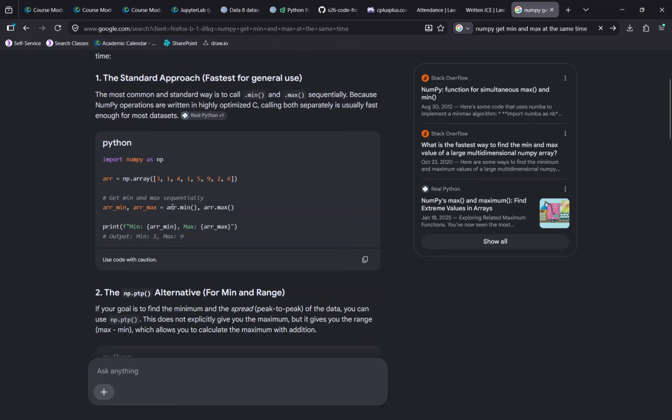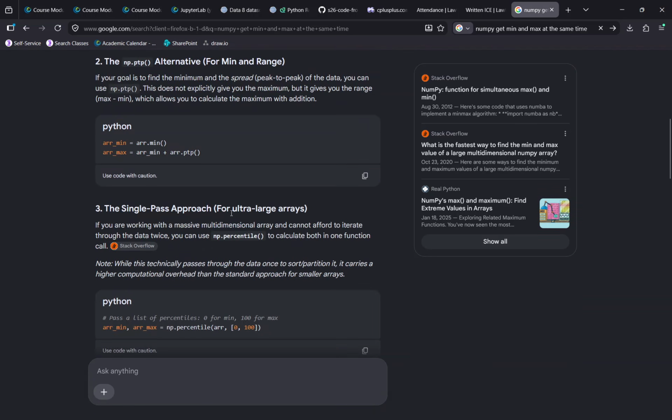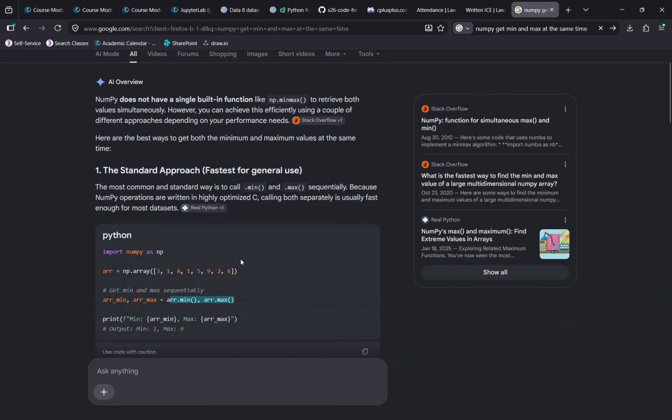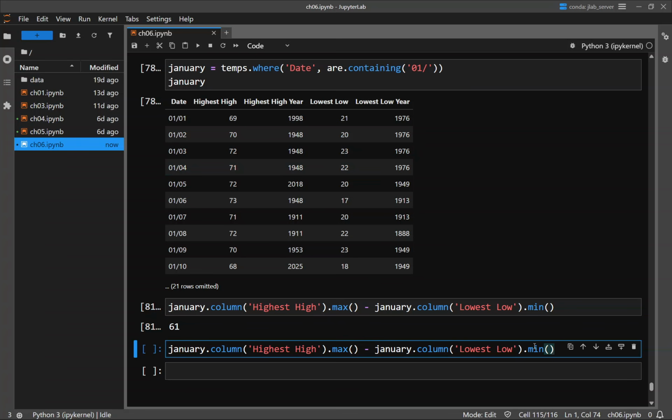And no, it's just like everybody calls min and max separately in Python, apparently. Yeah. That's interesting. But one day we will learn how to make our own functions, and then you can make that one. Sorry, I should be more excited about that. Yeah, then you can make that one. And that's very exciting. Nice.